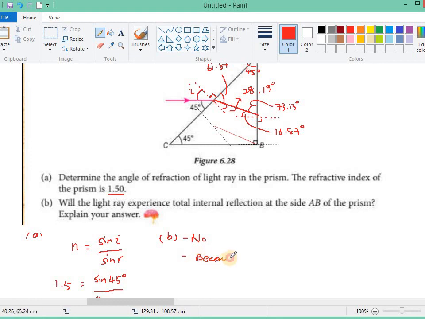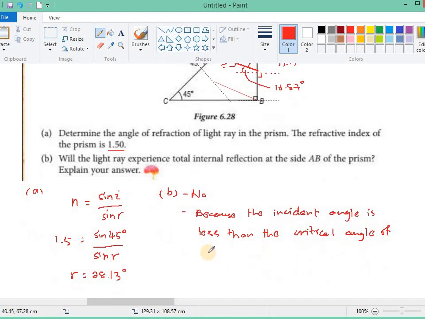Because the incident angle is less than the critical angle of the prism.